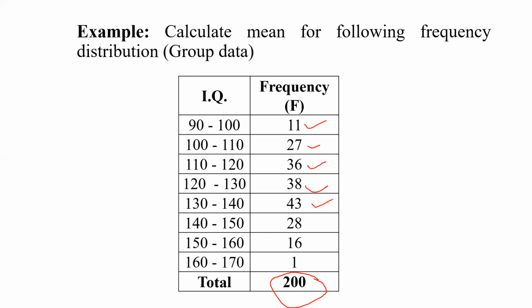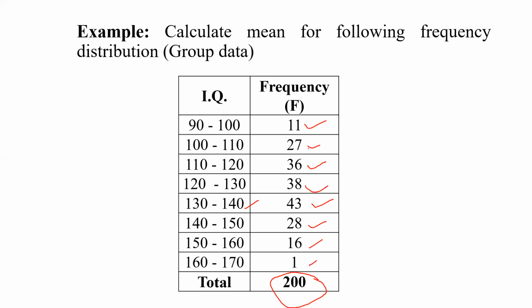There are 43 students with IQ level 130 to 140, and 28 students with IQ level 140 to 150, 150 to 160, and 16 students 160 to 170.